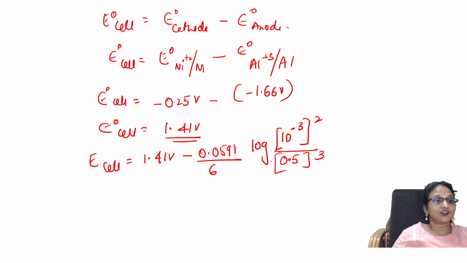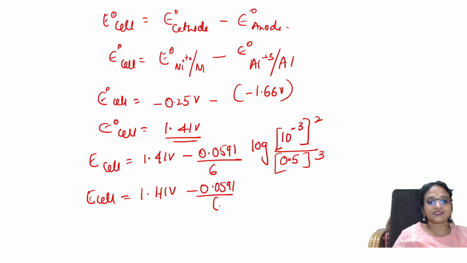Correct, now students? Alright, so this is this. Further, if I simplify, you very well know 10 raised to the power of minus 3, I can write it as 3 log 10. Correct? Log 10 is 1 only. This one also I can write under base 10. So when I solve these two, I'll be getting 1.41 volts minus 0.0591 by 6.